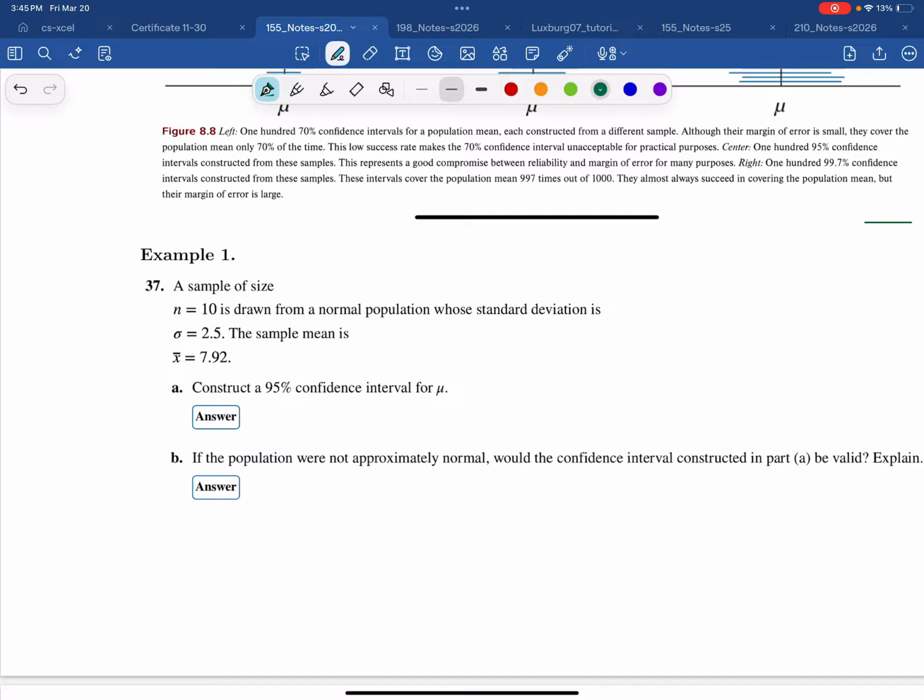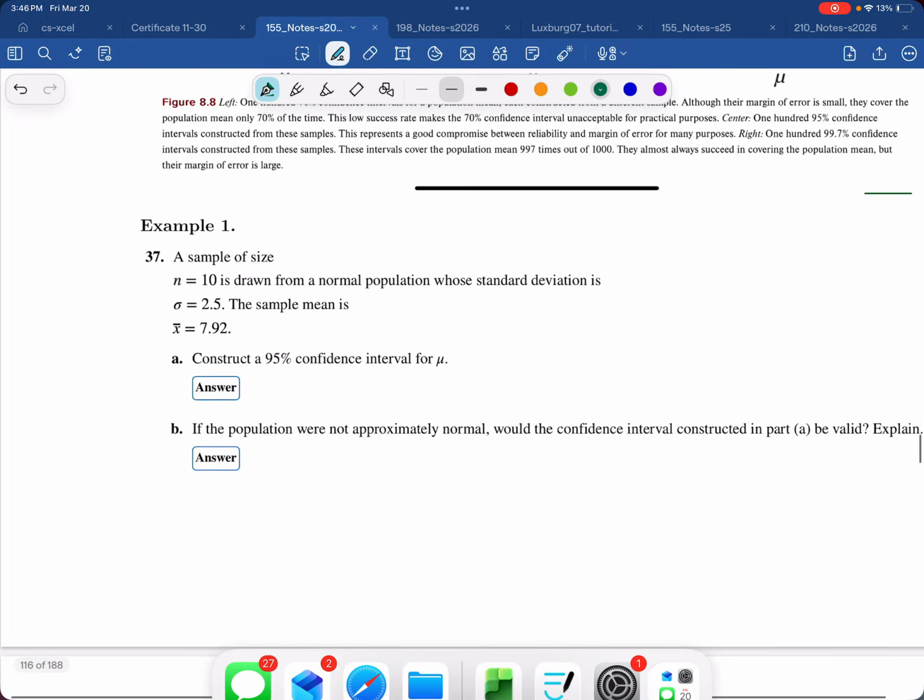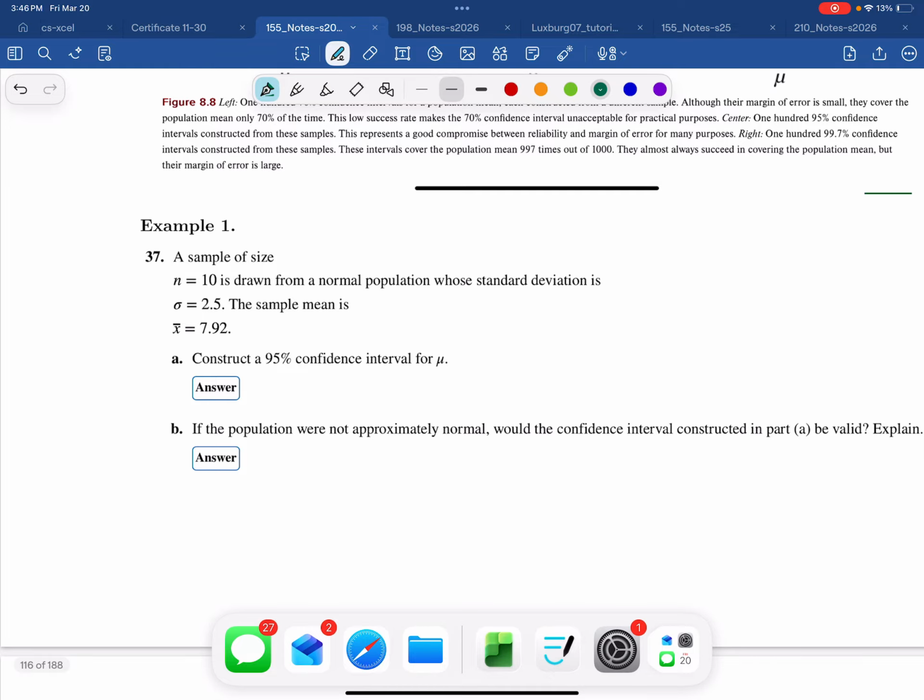So let's consider example 1, problem 37 from the book. Construct a 95% confidence interval for mu based on the sample mean or point estimate and population standard deviation, and of course the sample size, because we need to know all that.